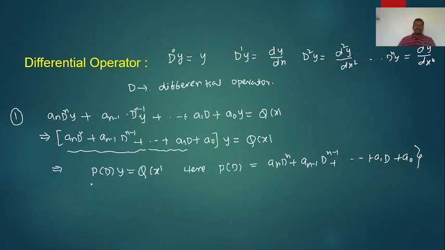So therefore the general form of a non-homogeneous linear differential equation of order n with constant coefficients is P(D) y = Q(x). Here P(D) = a_n D^n + a_(n-1) D^(n-1) + ... + a_1 D + a_0.